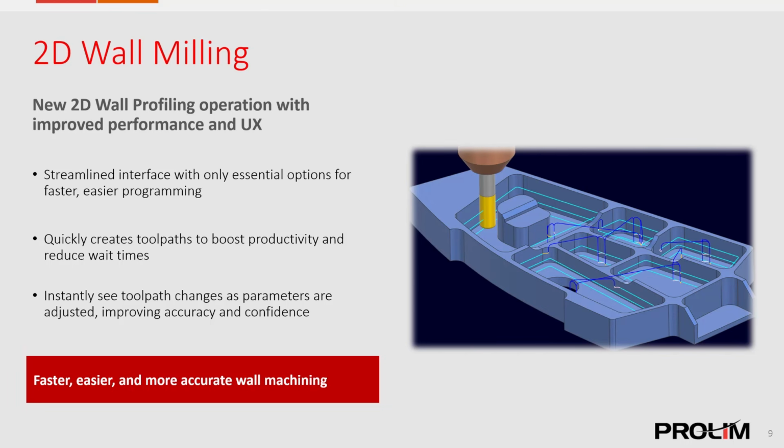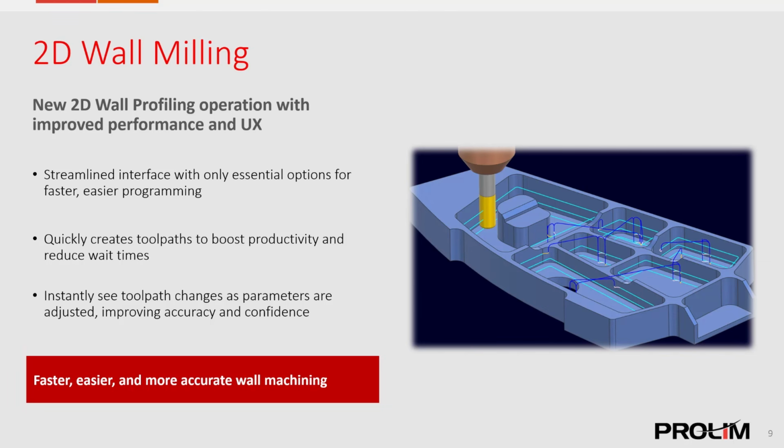It is easy to program with a streamlined user interface, and the new 2D wall profiling operation provides only the essential options, making it simpler to program, reducing the time and effort required. The other benefit is faster generation, because the new toolpath is significantly faster than the existing 2D wall profiling. It helps you increase productivity and save time on each NC project that you work on.